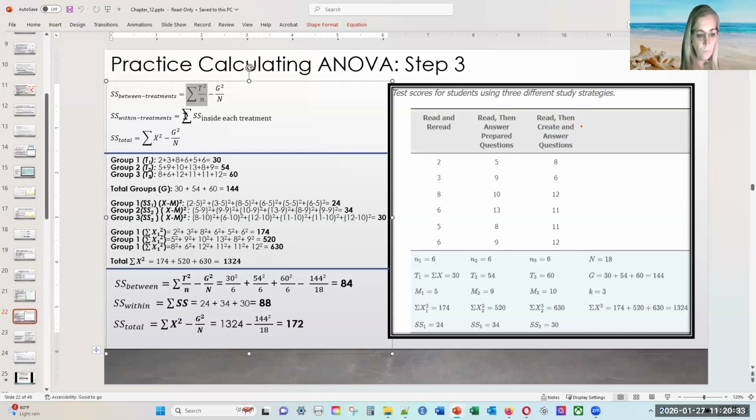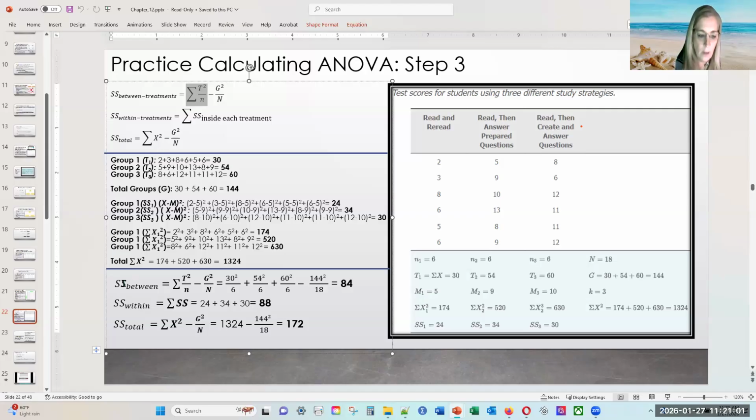Then the within treatment formula is basically just taking all of the sums of squares and adding them up. So we're looking at all of it. Well, let's first go to the total. The sum of squares total is taking every score squared, adding them up, and then subtracting the grand total squared divided by n.